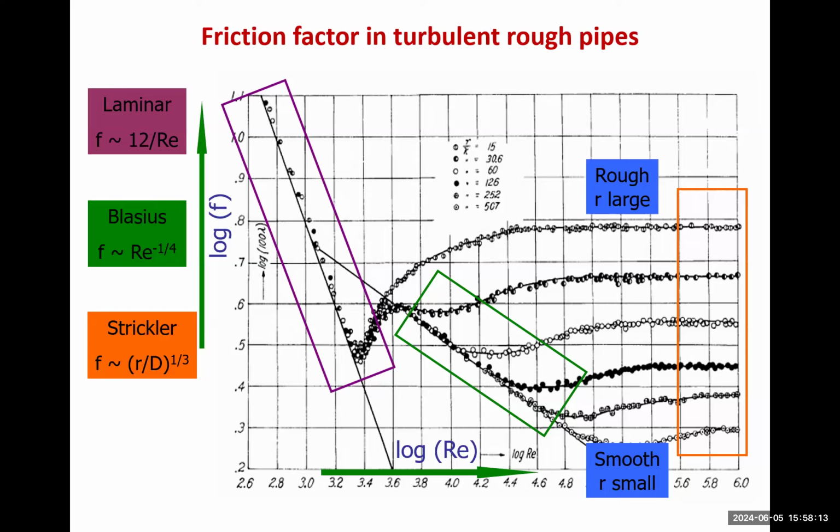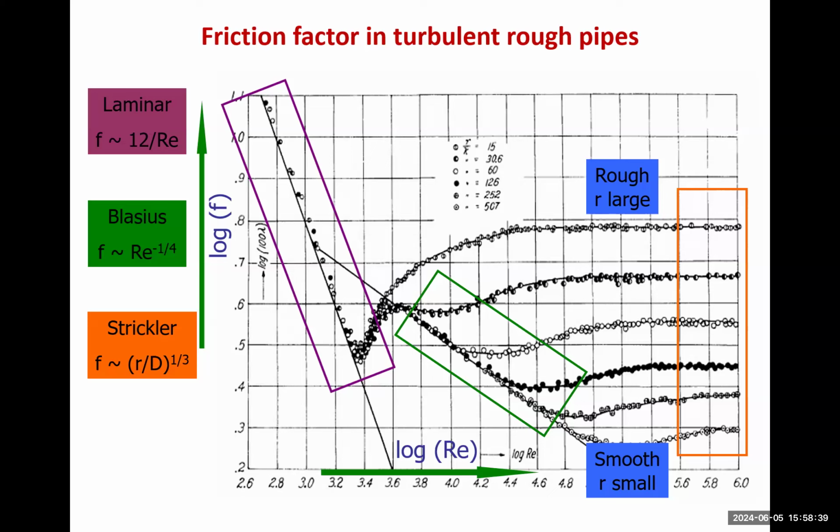Here, all these pipes with different levels of roughness initially follow this line, which goes like Reynolds to the -1/4. The smooth pipes follow it much further than the rough pipes. The rough pipe starts off and very quickly goes away from it. The smooth pipe keeps on going, and eventually you start to see some roughness at very high Reynolds number.